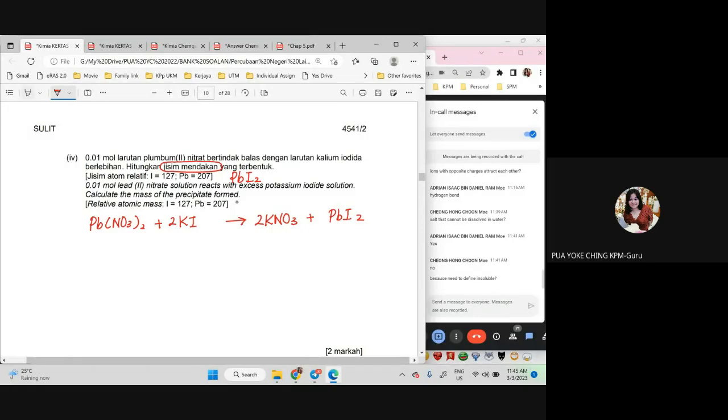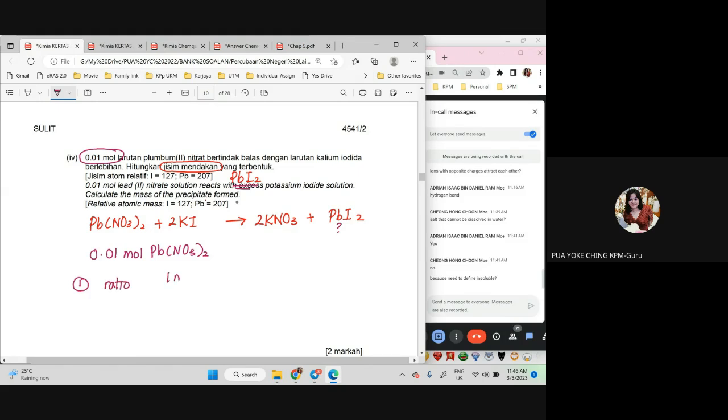So start, first of all, you must have the number of mole. Biasanya 0.1 is number of mole. Tapi untuk soalan ni, number of mole dah tak payah kira. Sebab dia dah bagi. So you have 0.01 mole Pb(NO3)2. Ini dia dah bagi. So, apa yang you nak cari? You nak cari PbI2, which is ini berapa? So untuk soalan ini, dia akan start daripada ratio.